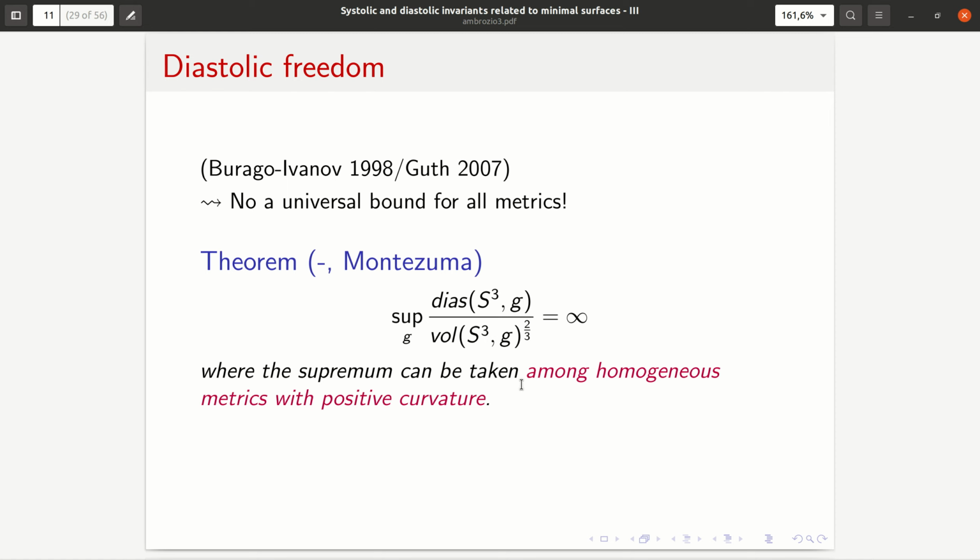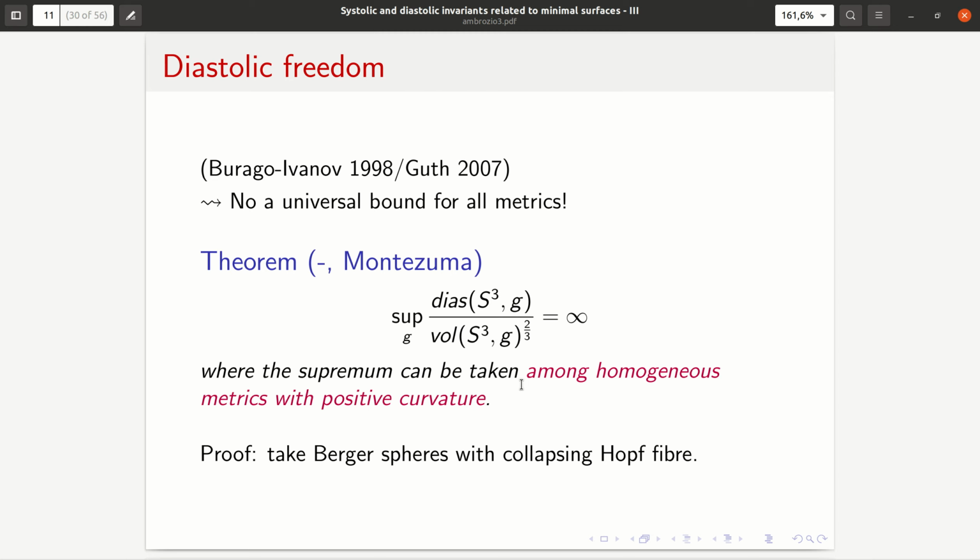We showed that there are no universal bounds for the normalized diastole of three-dimensional Riemannian spheres by taking the family of Berger spheres with collapsing Hopf fiber and checking that for this explicit, concrete family of homogeneous metrics with positive curvature, the normalized diastole is converging to plus infinity.